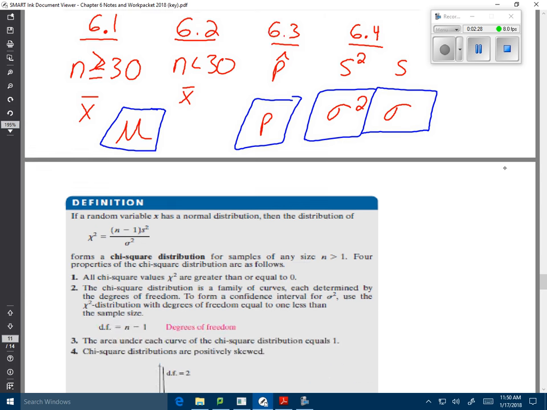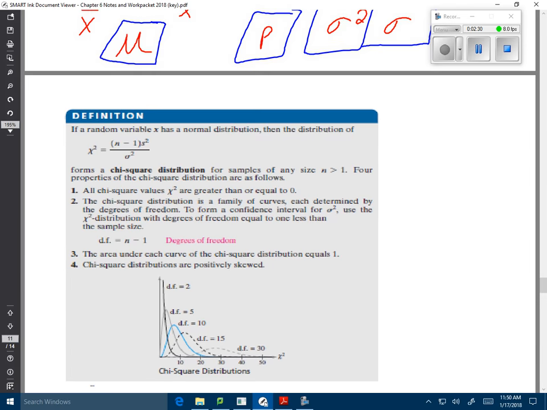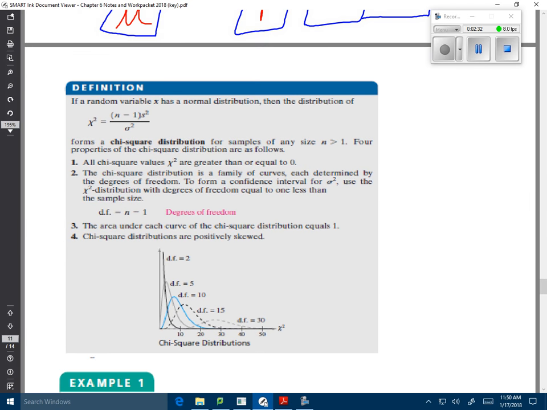Now, what I'd like you to get from this definition is that the critical values on 6.4 are going to be what's called chi-square. It looks like this.